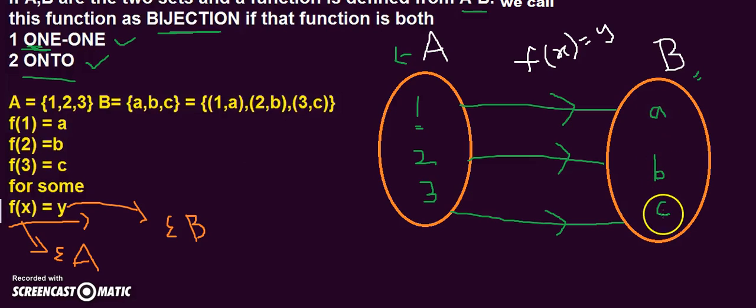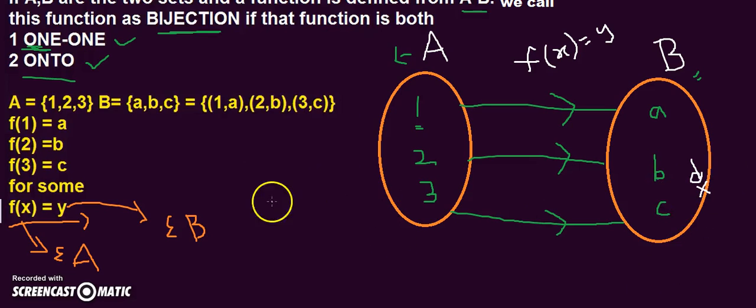So I have three elements in set B, and each element has an input from A. Suppose I have another element, for example D, in set B and I don't have any input for D, then this function is not an onto function.